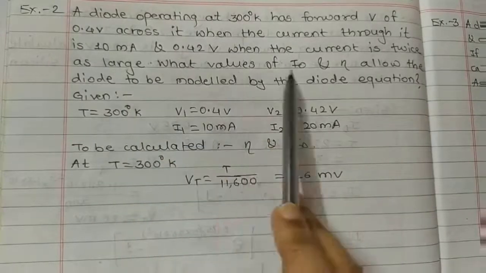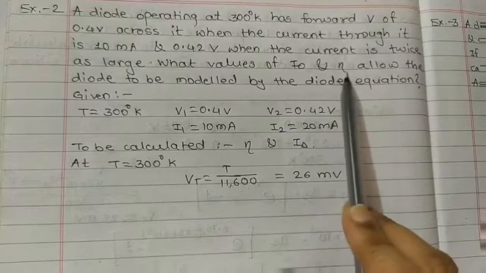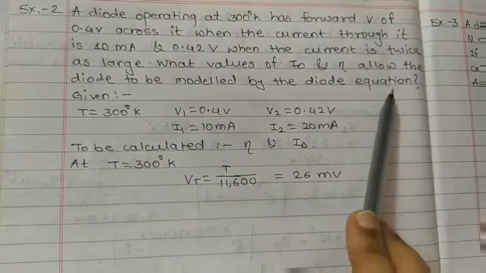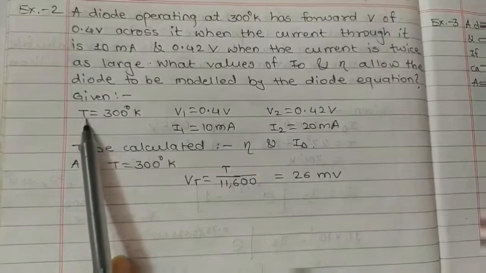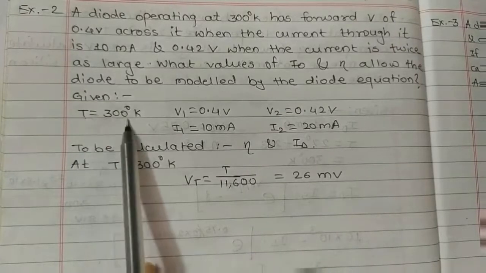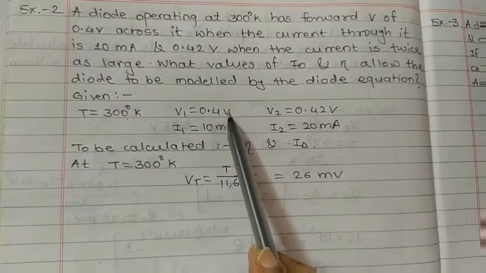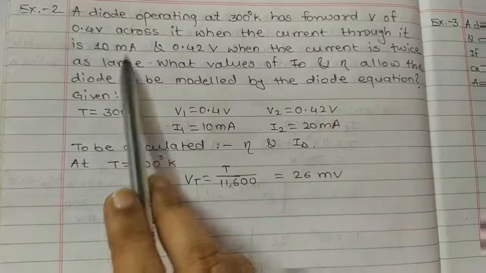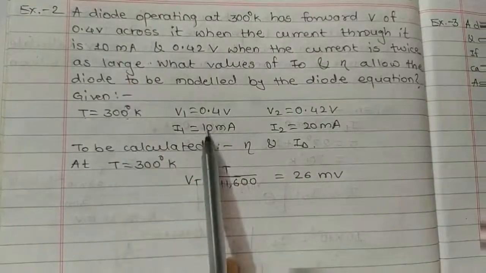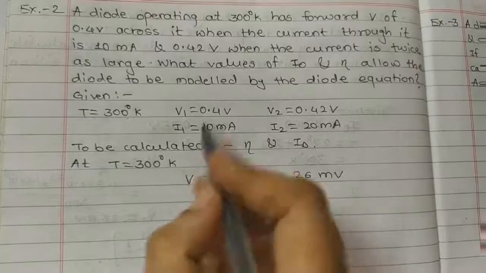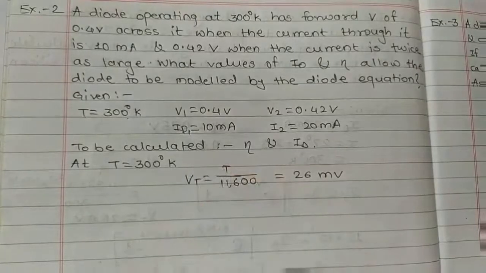What values of I0 and eta allow the diode to be modeled by the diode equation? So here the temperature is given as 300 Kelvin, V1 is given as 0.4 volt, and at that time our current is 10 milliampere. You can call it I1 or ID1. So we'll call it ID1.